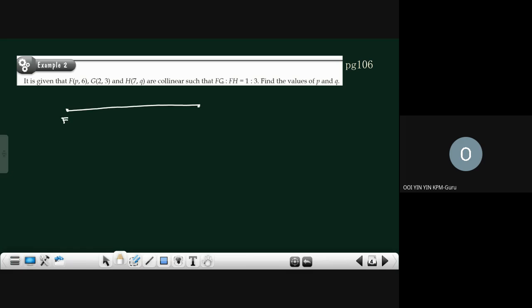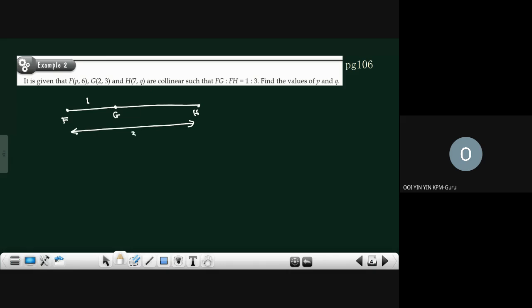So FG to FH, that means F to G here, this is G, and the ratio here is 1. And then F to H is 3. That means your H is here, and 3 is longer than 1, right? That means FH is all from here to here.